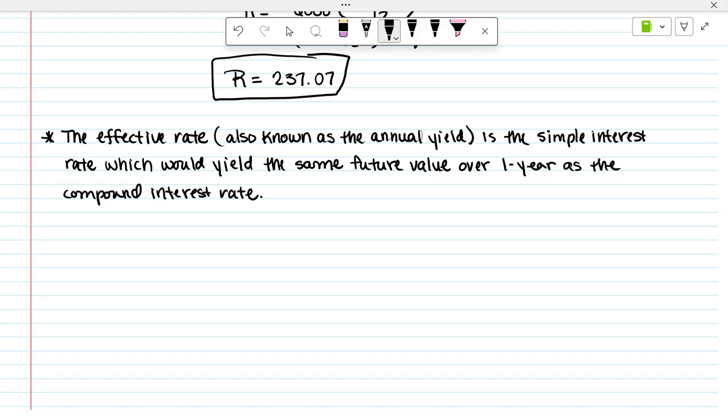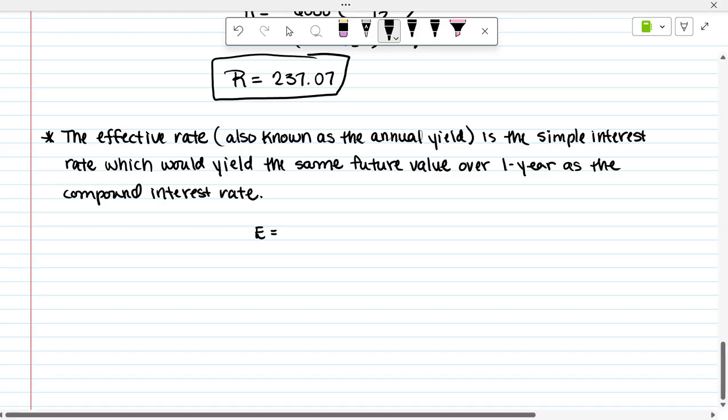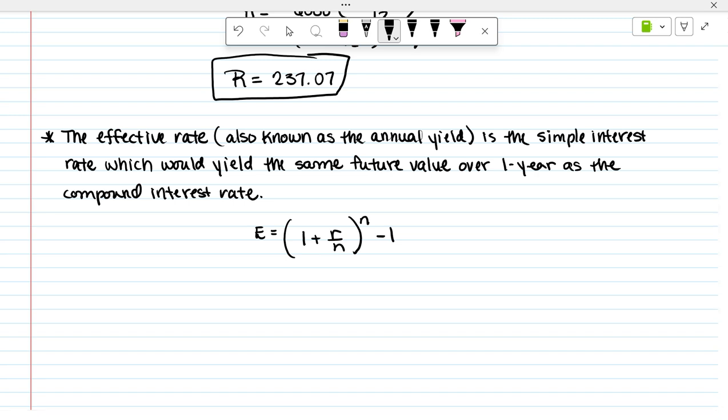And when we use the effective rate formula, it shows us which one will pay the best. And that's the formula for that. I will work examples 6 and 7 for you and add them onto the end and post the notes.